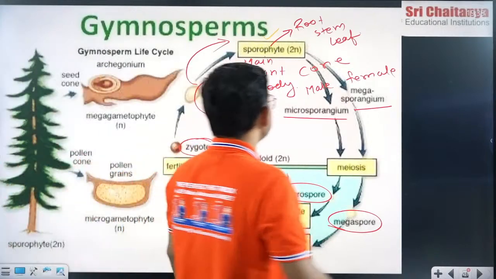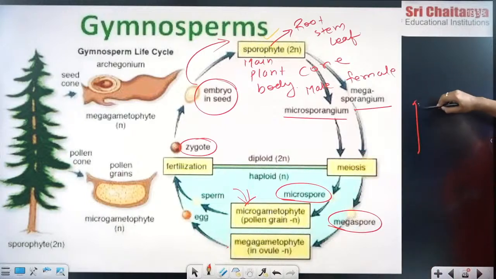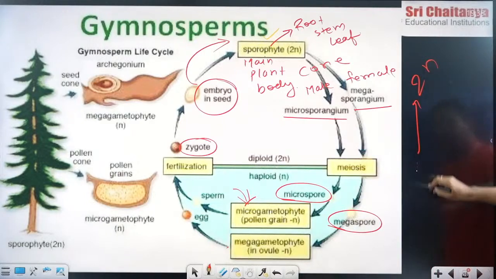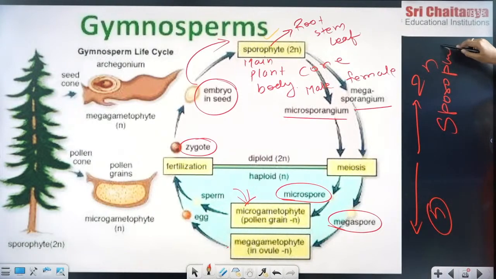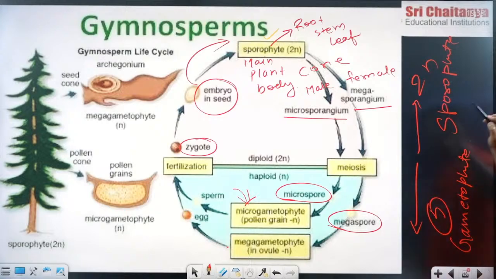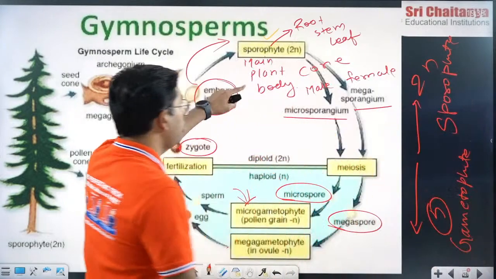So what we observe here is that the upper part is 2n, diploid, and the lower part is n. The diploid part is called sporophyte and this is called gametophyte. Now here you have to understand, who is dominant?